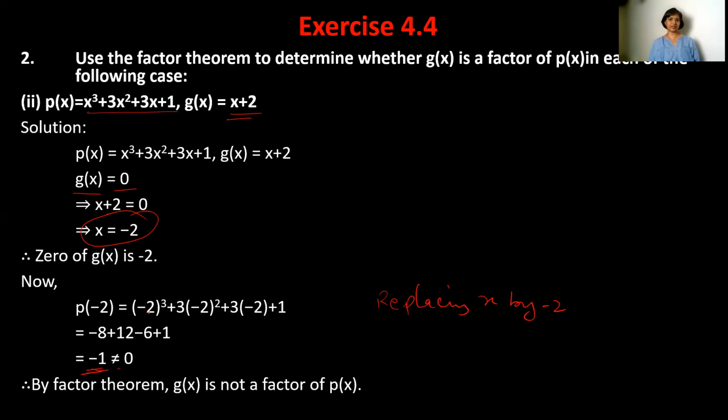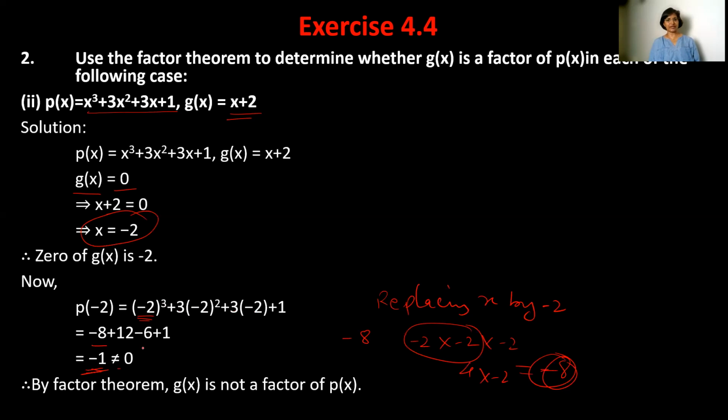Or I'm explaining here. Minus 2 raised to power 3 means minus 8, because minus 2 into minus 2 into minus 2 will become 4 into minus 2, so this will become minus 8. And this is 3 into minus 2 raised to power 2, so this will become 4. 4 3s are 12.